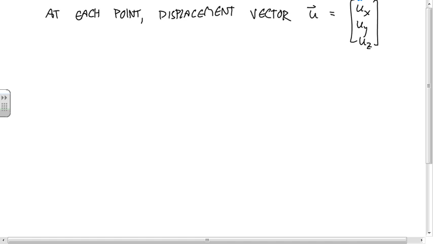And you can define the strain in terms of partial derivatives of these displacement vectors.